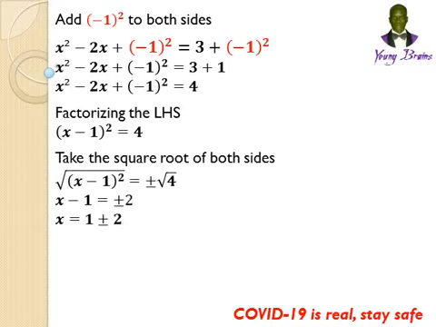To remove minus 1 from the left hand side, we need to add 1 to both sides, and it gives us x equals 1 plus or minus 2, which means x is either 1 plus 2 or x equals 1 minus 2, which is x equals 3 or x equals minus 1.